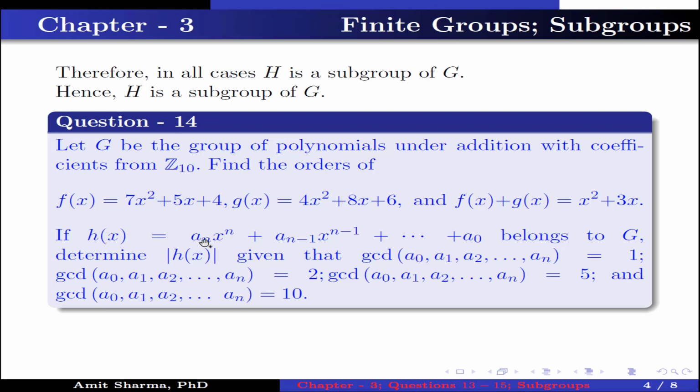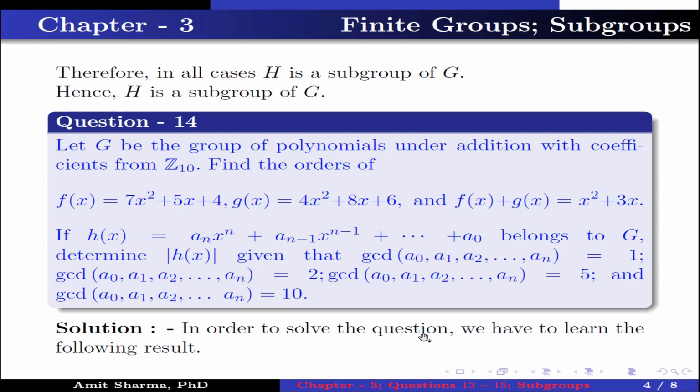If h(x) = a_n x^n + a_{n-1} x^{n-1} + and so on up to a_0 belongs to G, determine the order of h(x) given that the GCD of a_0, a_1, a_2 up to a_n is 1, 2, 5, and 10. In order to solve the question, we have to learn the following result.